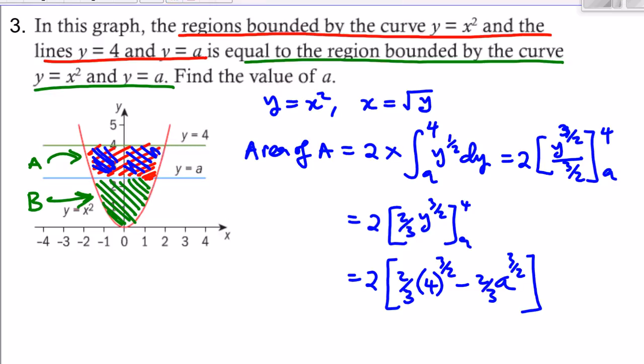Let's scroll down, see what happens. Good. That will give us 32 over 3 minus 4 over 3 a to power 3 over 2. Okay, so this is the area of A.